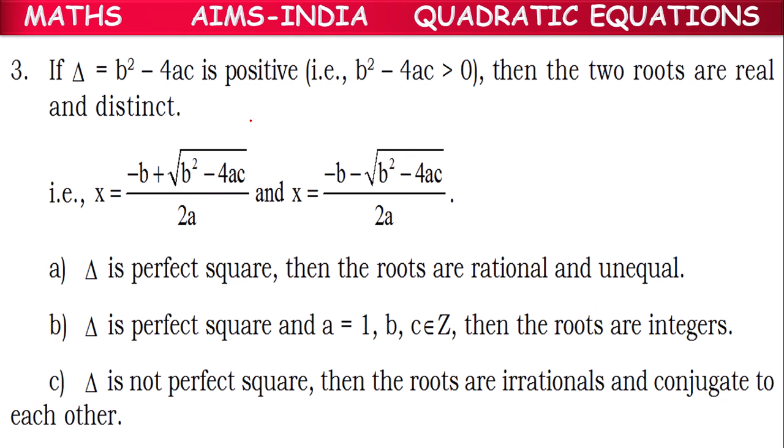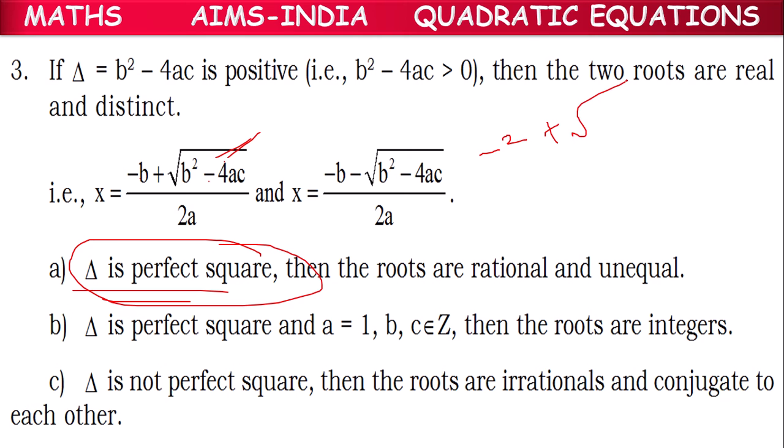Next, if b square minus 4ac is a perfect square, suppose we have minus 2 plus root of 16 by 5 as one root, and minus 2 minus root of 16 by 5.